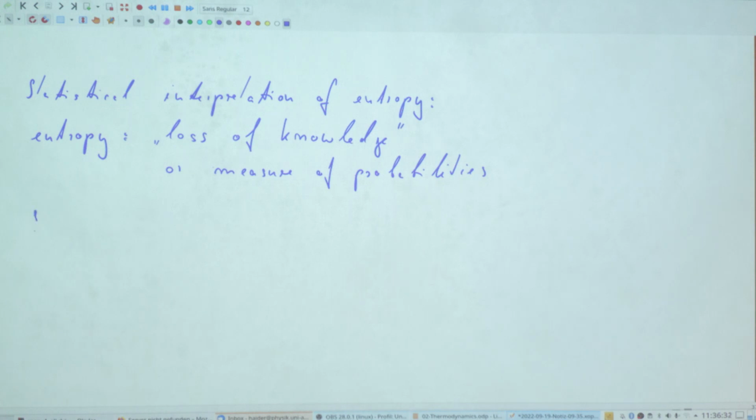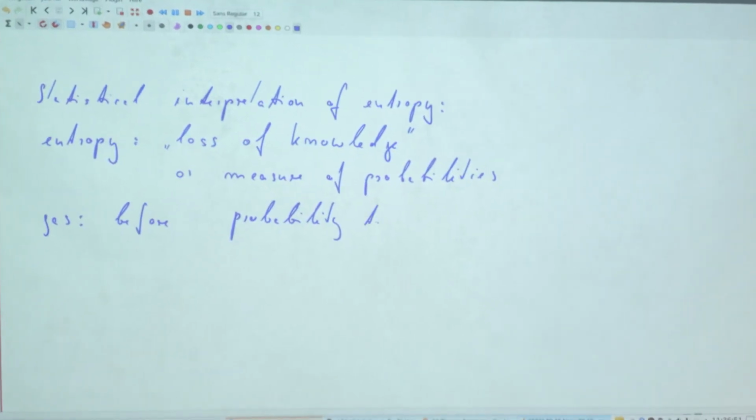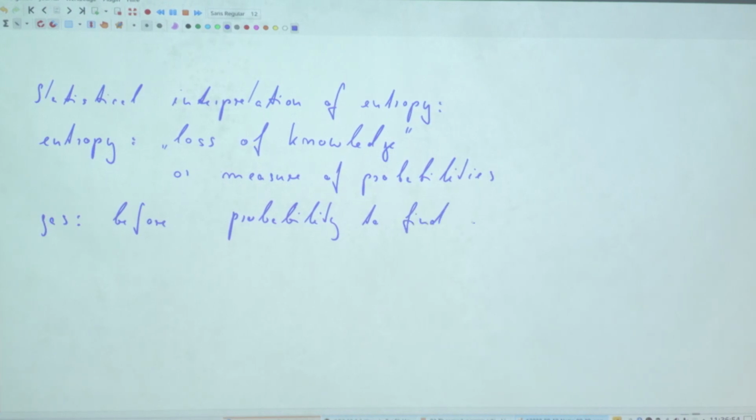I said this probability to find a certain molecule in V1, I call this W1, is equal to 1.